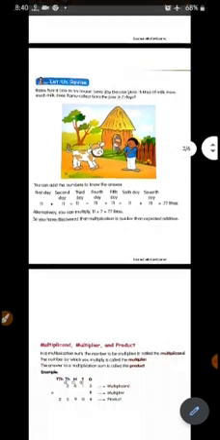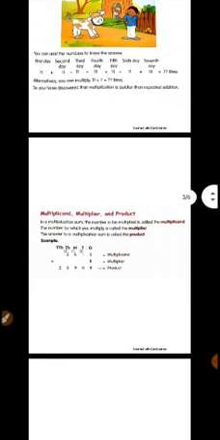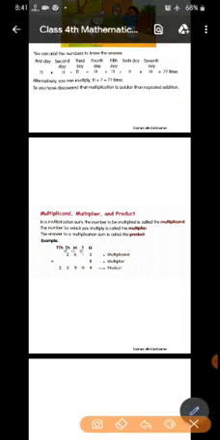Next, come to the next page. Here we can see there are three terms used in multiplication. In a multiplication sum, the number to be multiplied is called the multiplicand. Like in the previous example, 11 is the number which is multiplied.